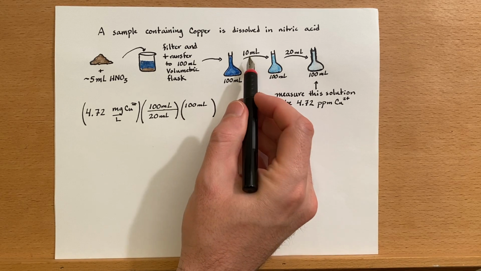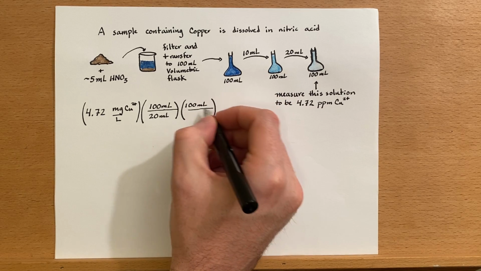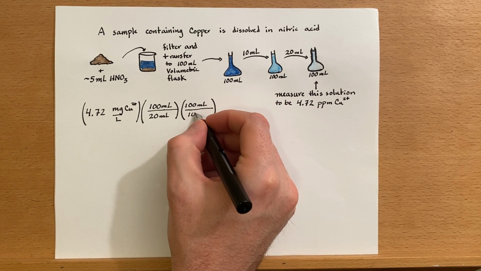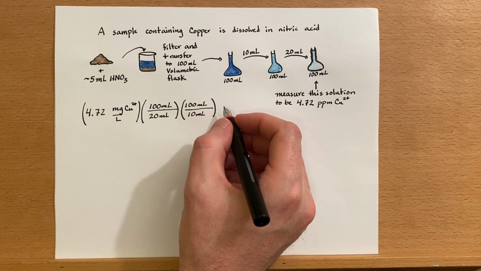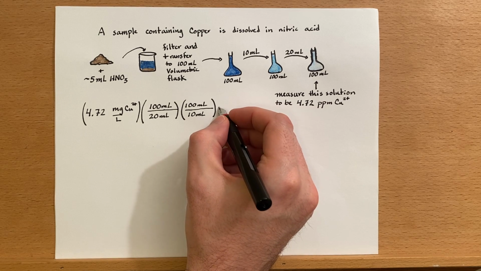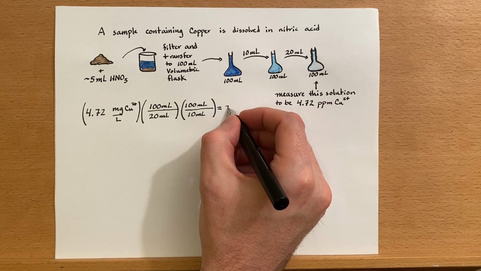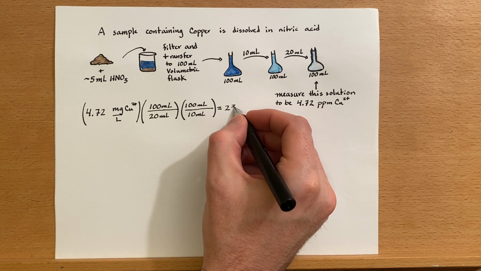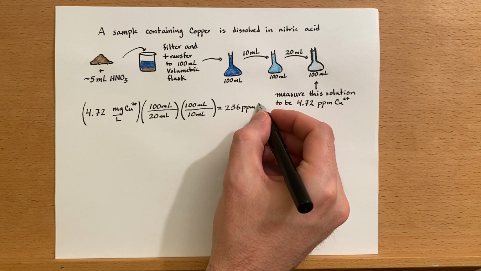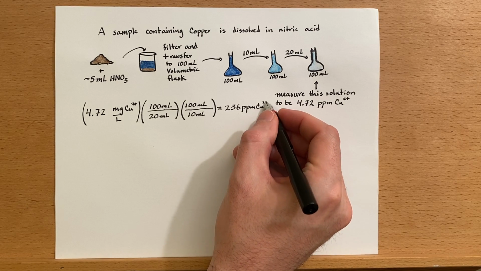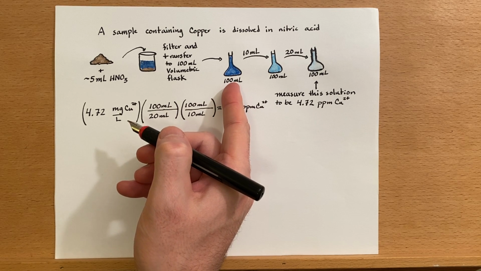And then I'm going to divide by where that came from, which is 10. Because I want to go in this direction. Now, when I do that, I get an answer that is 236 parts per million copper. And that's the concentration in this flask right here.